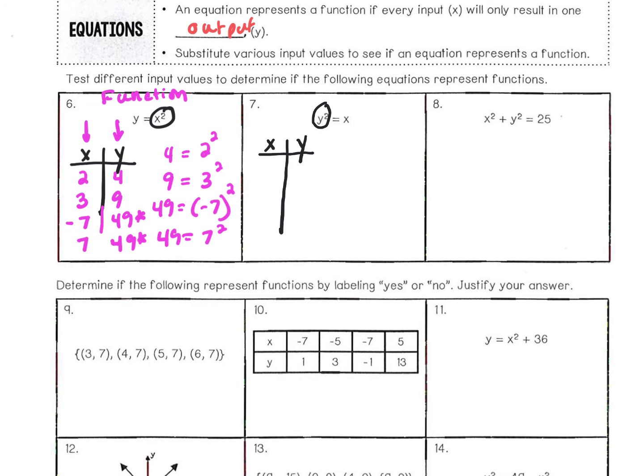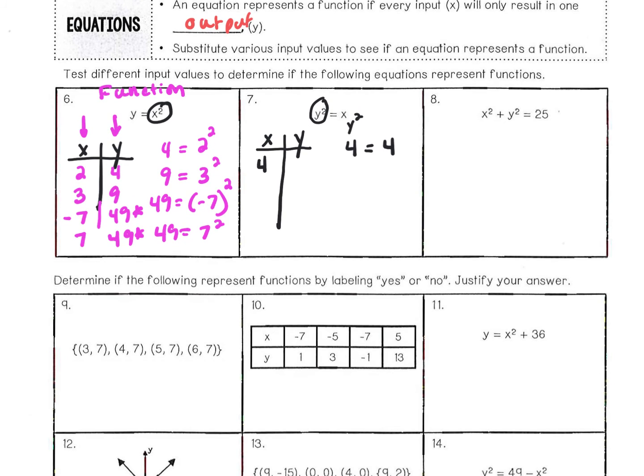Because I see this square, I'm going to choose a perfect square, 4. So if I put 4 for the x in this equation, and it equals y squared, then y squared must be 4. But I don't want y squared in my table, I want y. So that means I have to find the square root.